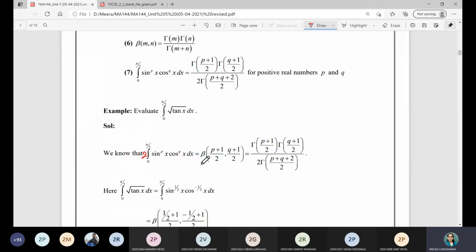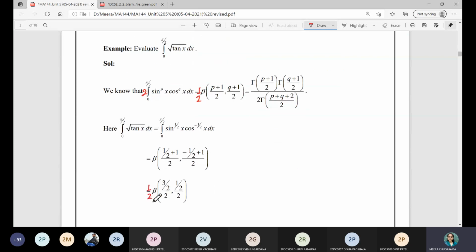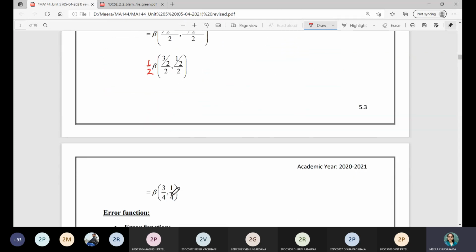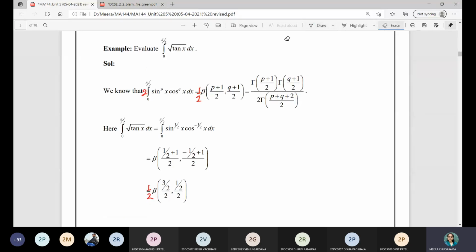Here the 2 is not considered either on this side or on this side. So in this expression 1 by 2 has to be there, right? So that is the one correction corresponding to this solved example. I will erase this one. That is the correction in the material that is given.